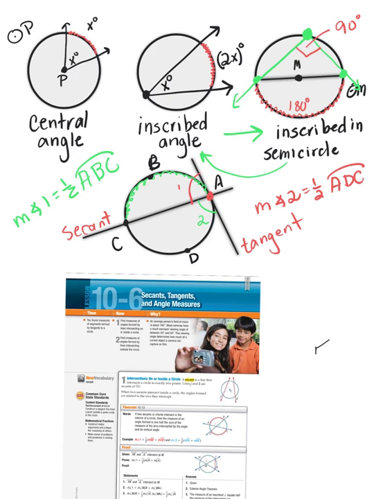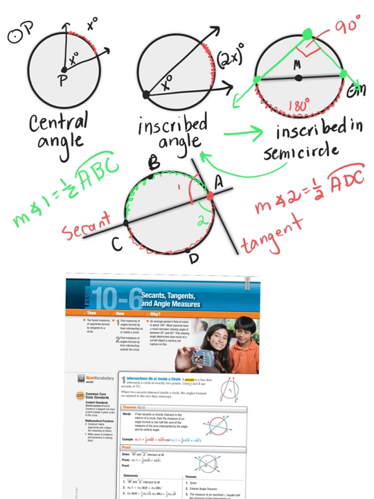So what we want to note here is that if we have a vertex on the circle, we're going to take half of the intercepted arc. If we have our vertex in the very center of the circle, then we're going to have an angle equal to its arc.